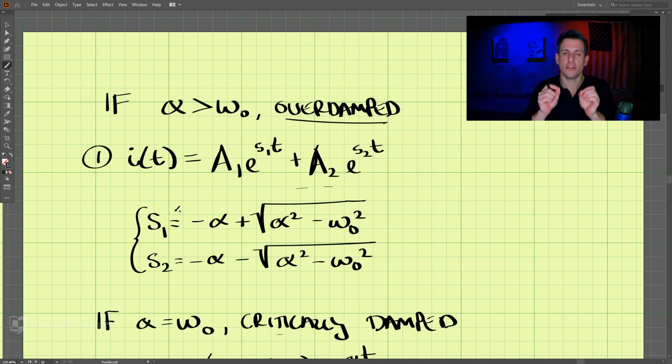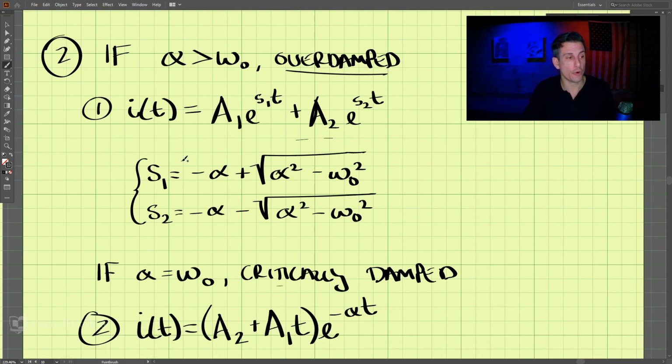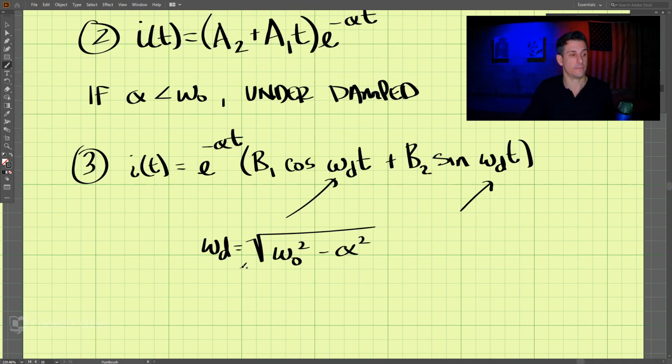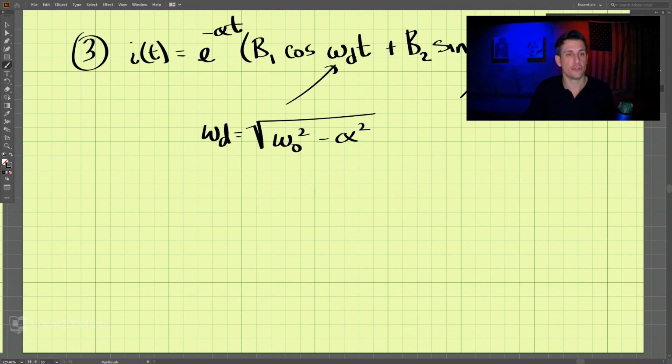So with these second order systems, we must first, step 1, calculate alpha and omega naught. Step 2, we then plug in the appropriate equation. And now let's move to step 3.